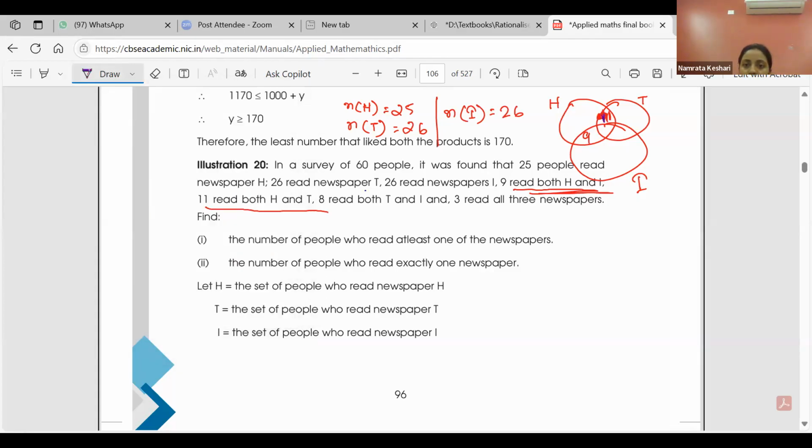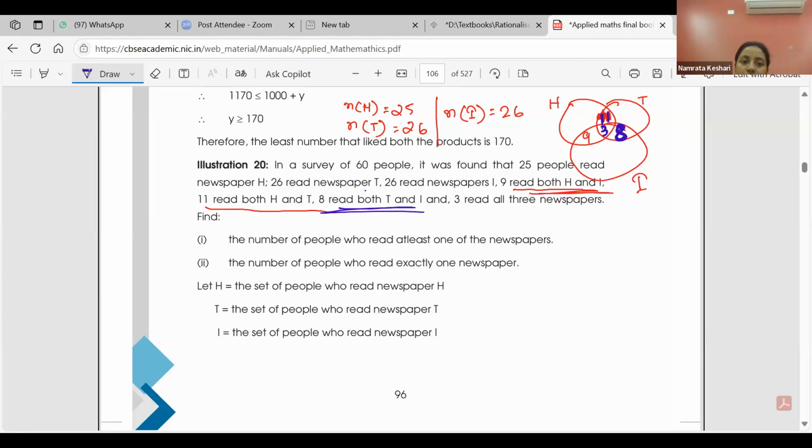And 8 read both T and I. And 3 read all the newspapers. Can you see? Manvi, all the data is available to you. You can find properly the union of H, T, and I, right? Yes, ma'am. Okay. This is what I was talking about.